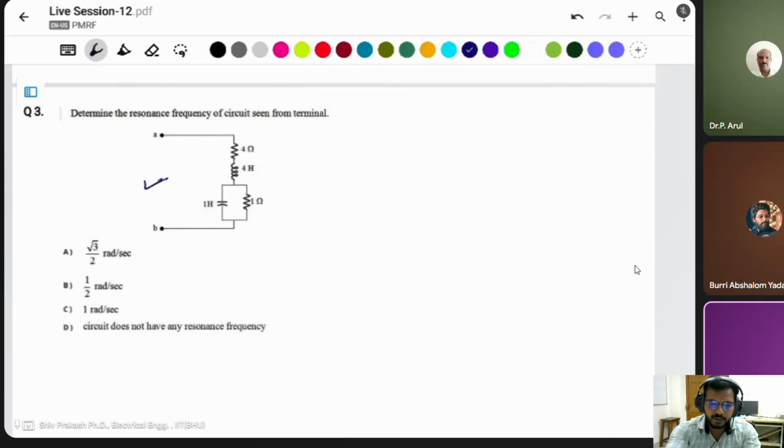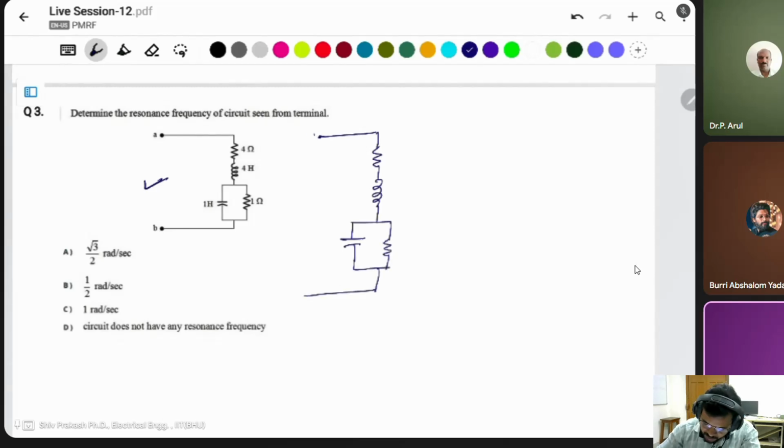But here the resistance is added in parallel to the capacitor. That means this is terminal A and B.